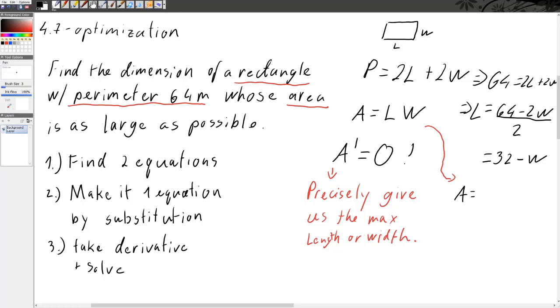That is L, so instead of writing L, we'll write 32 minus W and times W. Multiply that out. And then, there we go.